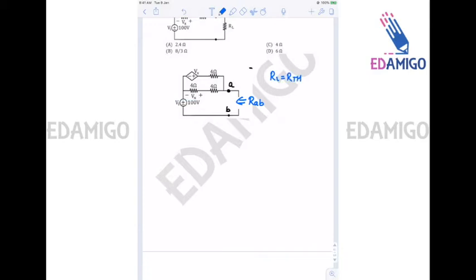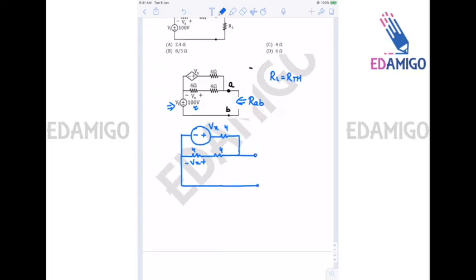Now to calculate RAB, we will short circuit this independent voltage source. So the circuit will be like this. The dependent voltage source stays.